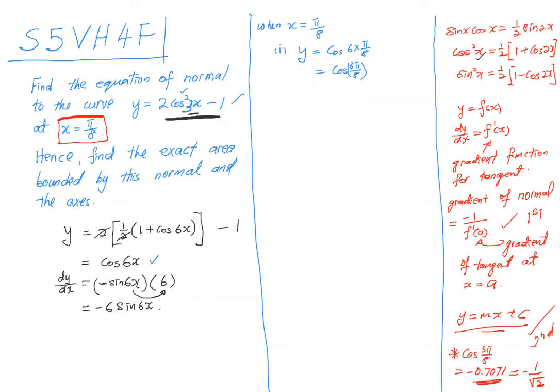Whenever you key into the calculator and get 0.7071, please jot it down in your notes. The value is 1 over root 2. Some scientific calculators can give you this value.